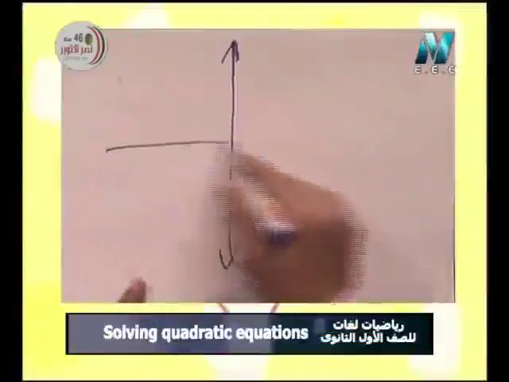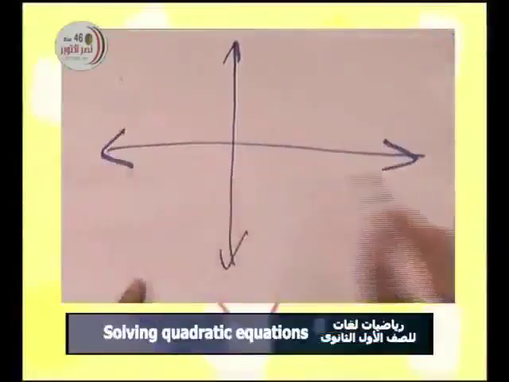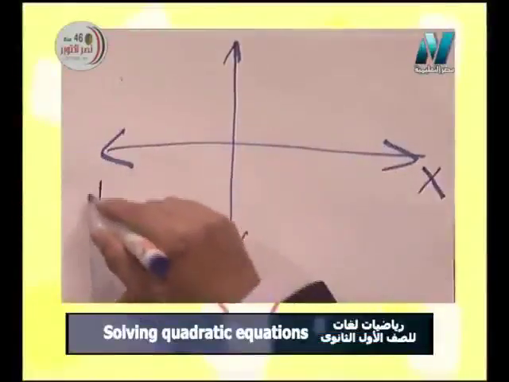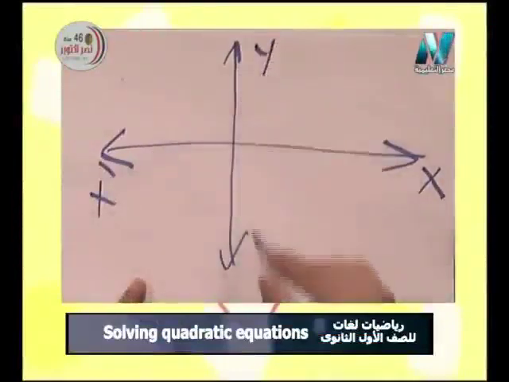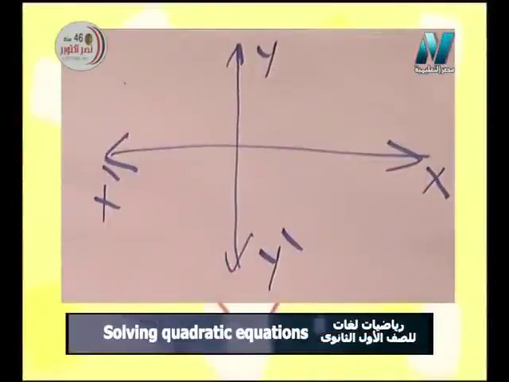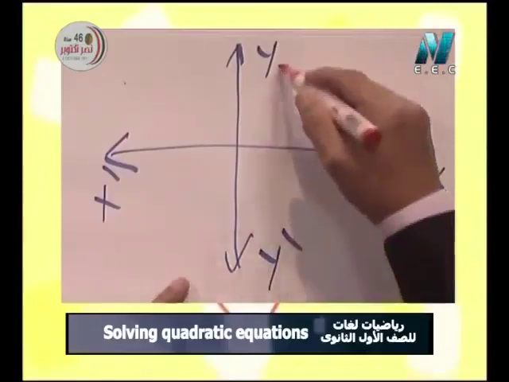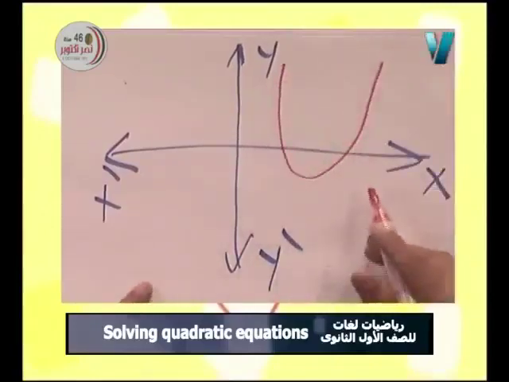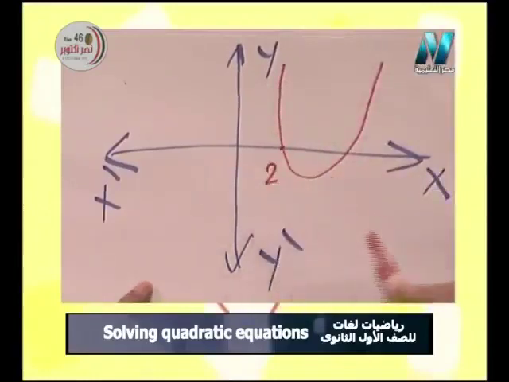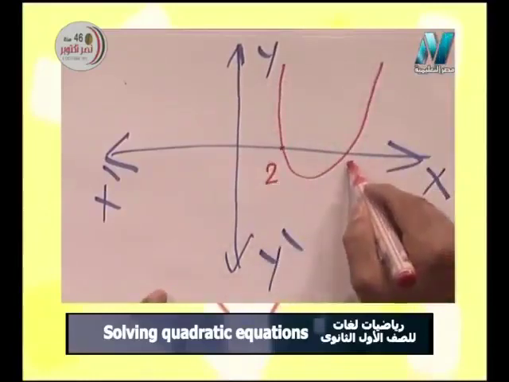I'll draw some graphs here and you try to deduce the solution. If we have the y-axis like that and the x-axis like that, we have here x and negative x, y and negative y. And we have the parabola here. Here is the number 2 and this is the number 6.